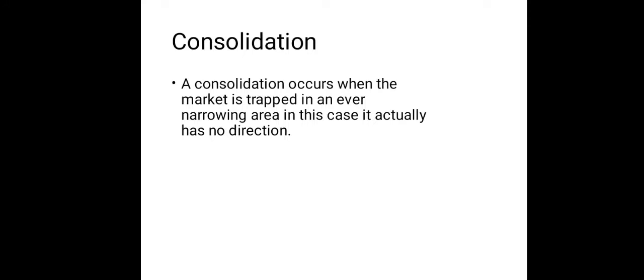It has no direction. It's not ranging. You can't identify the horizontal support, neither the horizontal resistance. When you cannot identify the horizontal support nor the horizontal resistance, that is a consolidating market. This market has no direction. It's just there in one particular area, trapped there.